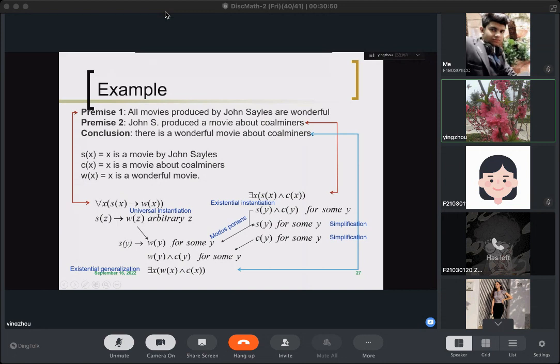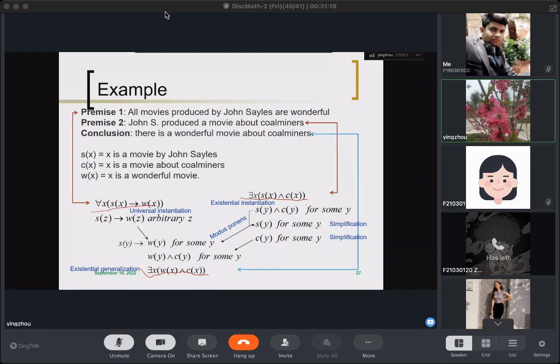Similarly, here is another similar example where we first translate the logical expressions. Here we have a for all expression and a for some expression, and based on these we want to infer the final result.